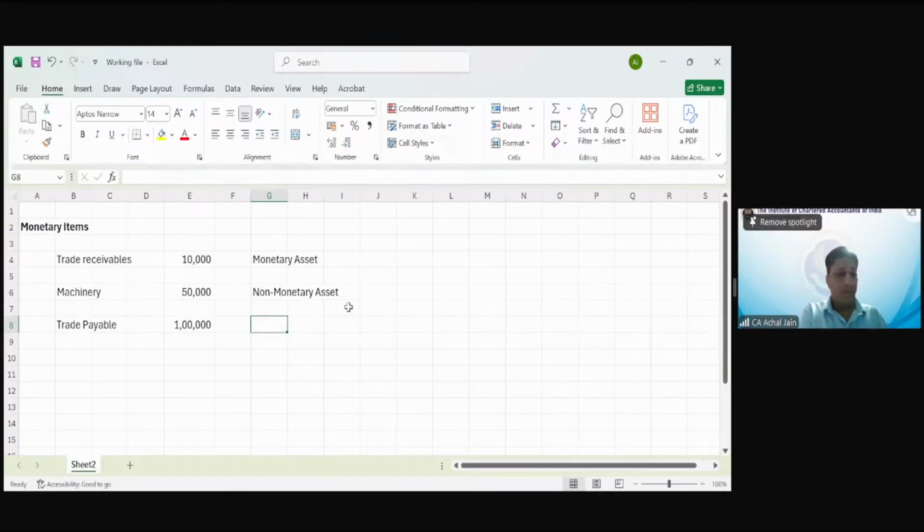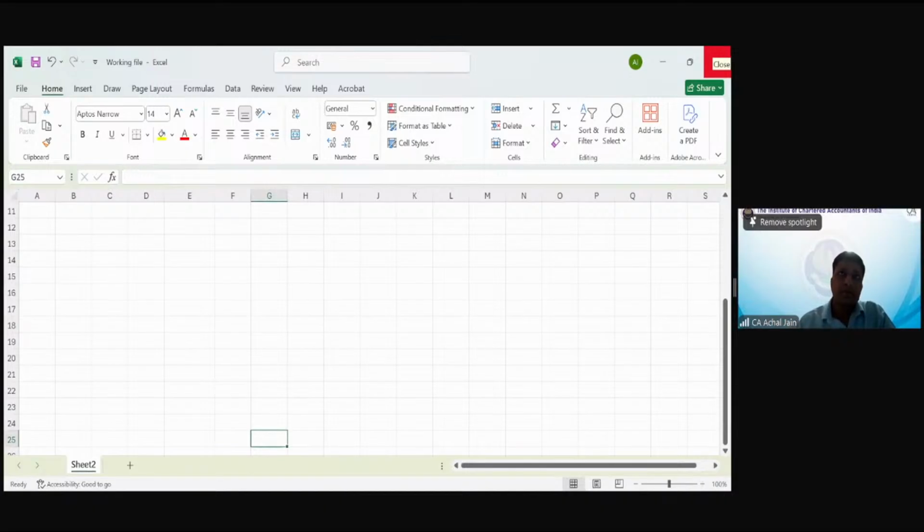Okay, very good. So now let's move on to the accounting requirement. Now we'll just straight away jump on to the accounting requirement. Now what is the accounting requirement? First, that's in respect of transactions in foreign currency.